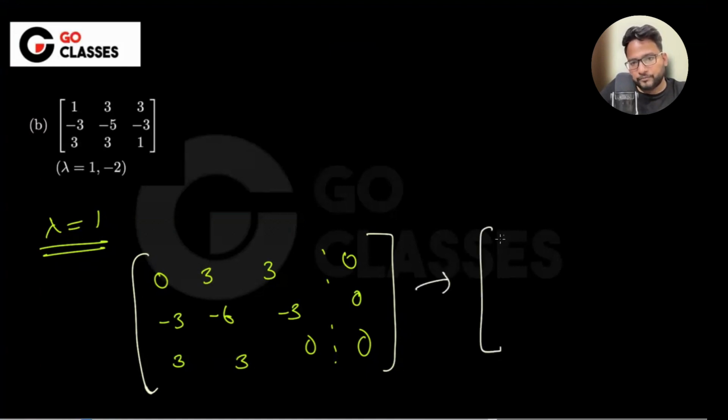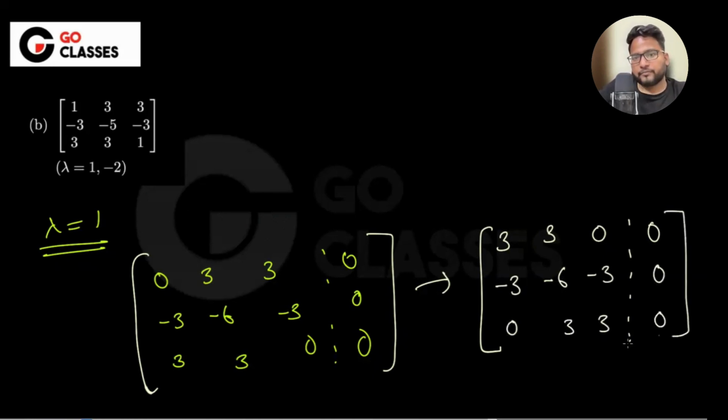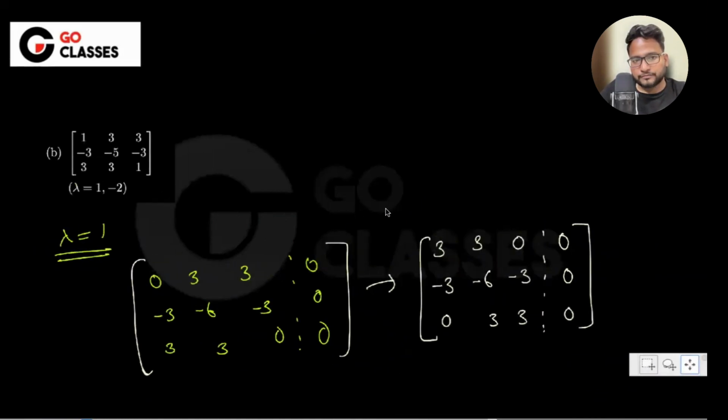So it will be 3, 3, 0, and then 0, and then let's suppose it is minus 3, minus 6, minus 3, and 0, and then 0, 3, 3, and then 0, right? Now maybe you can add these two, and then this will finally be 0. So let's quickly add these two.